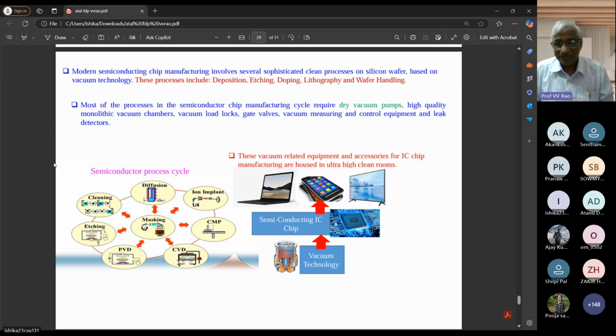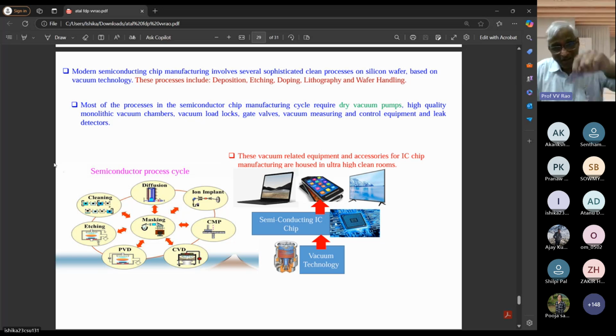If you do all that, then on your right side, the vacuum related equipment and accessories are properly chosen, properly made. Then only the deposition, the top line, second line you see, the processes include deposition, etching, doping, lithography, wafer handling. Everything is facilitated by vacuum and ultra high vacuum.